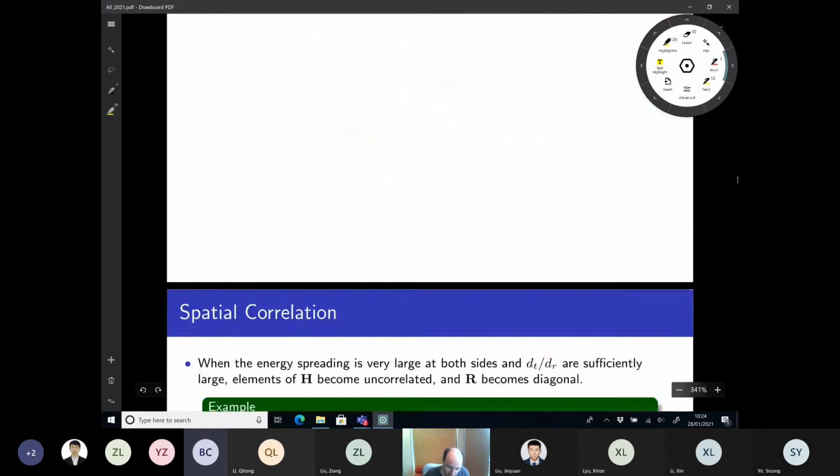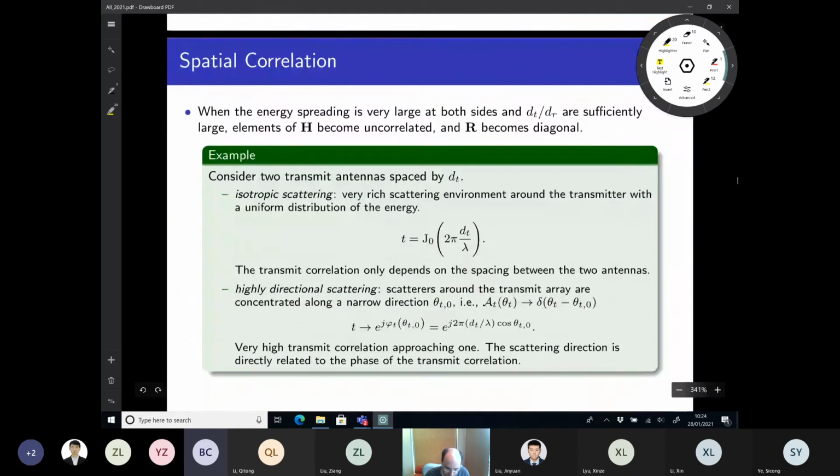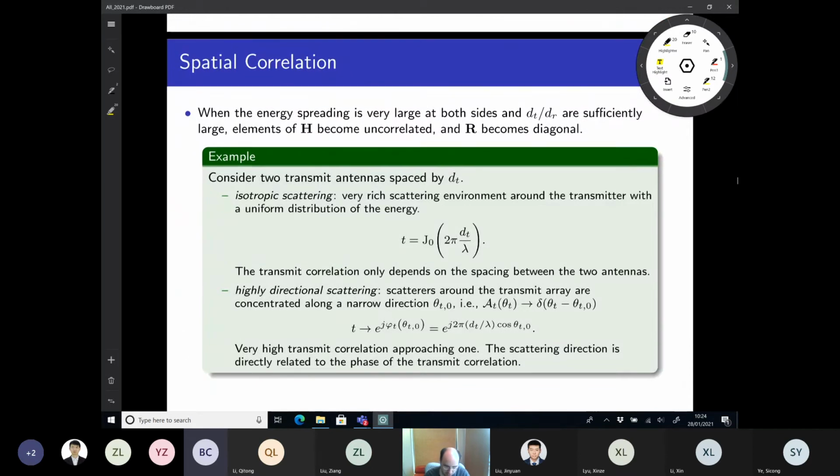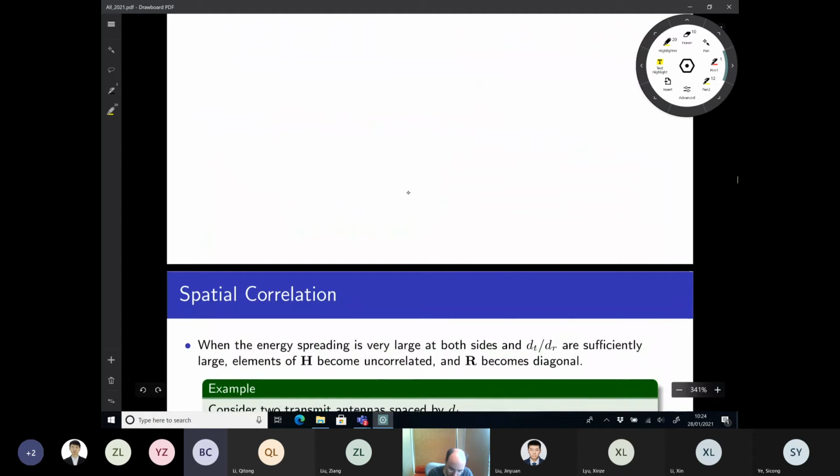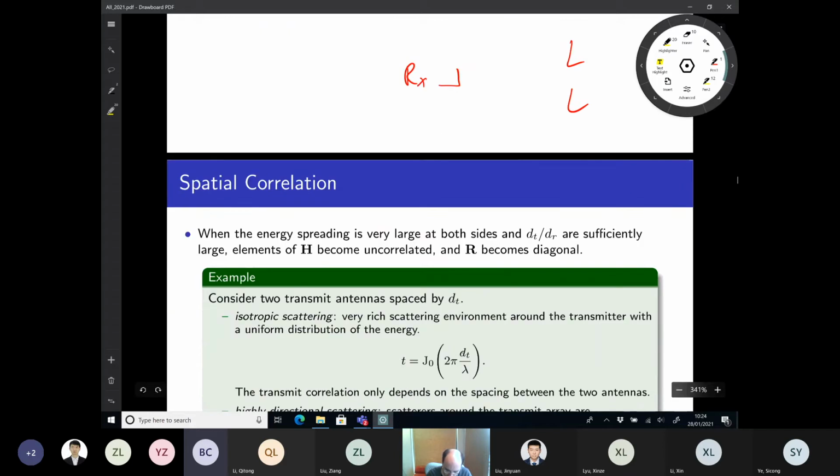Okay, so now whether we look at T or R does not really matter. I want to show you how these behave as a function of the angle spread and the distance between the antennas. So let's imagine that I have simply a scenario where I have a single receive antenna, and I have two transmit antennas, antenna 1 and 2, and I have a certain distance here, dt, between the two transmit antennas.